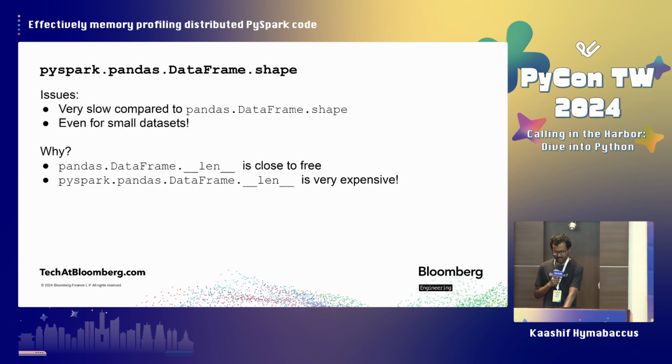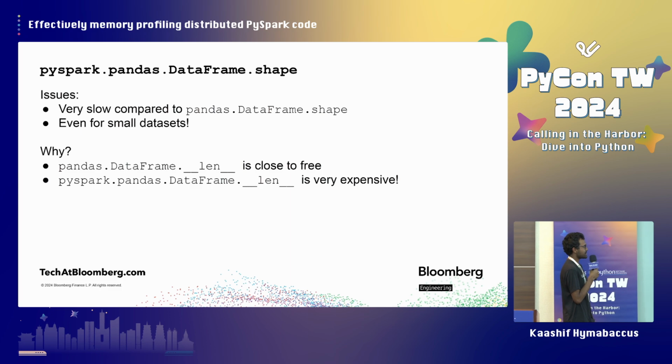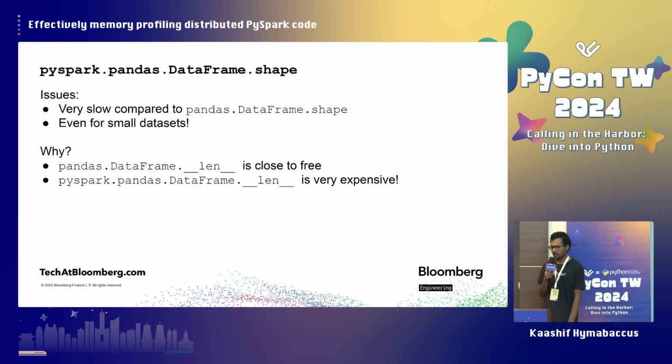Here's another example. This is a bit more subtle. This is calling dataframe.shape, which gives you the dimensions of the data frame. And the funny thing is, in PySpark pandas, the data frame shape function is super slow.